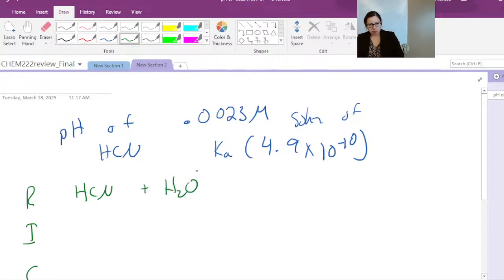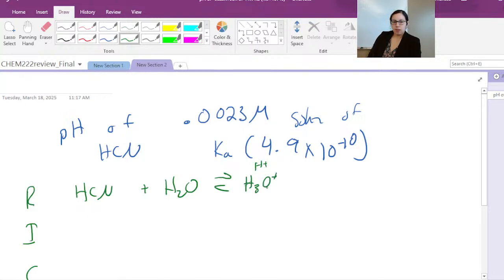So that sounds good. So write our reaction with water, which is essentially our dissociation. So I'm going to write it as hydronium, right? You could write H plus, and then with our cyanide, there's our counter ion. So something like this.